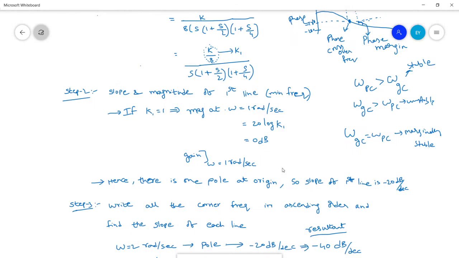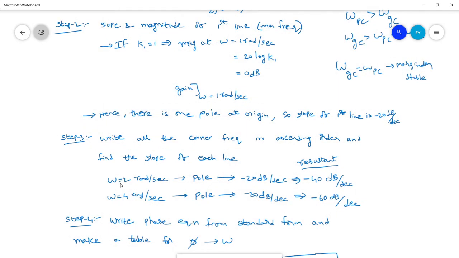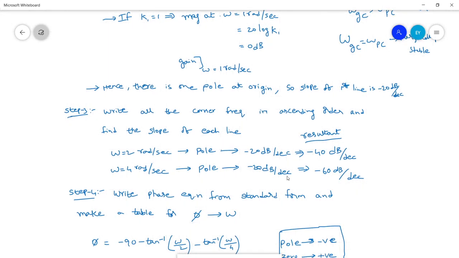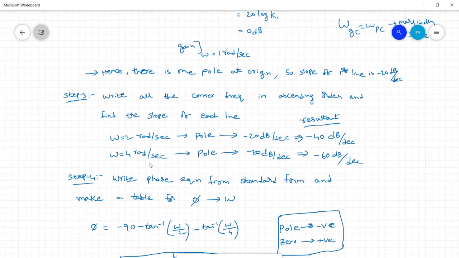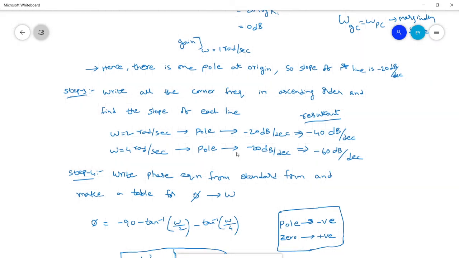Yeah, see here, at omega is equal to 2, what we got is minus 20 dB. The resultant is minus 40 dB. Okay, minus 20 dB we need to add to that. Then again at omega is equal to 4, again we are having minus 20 dB.